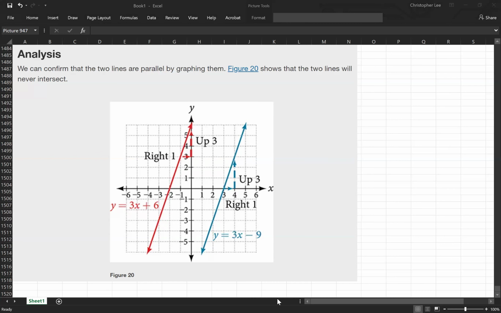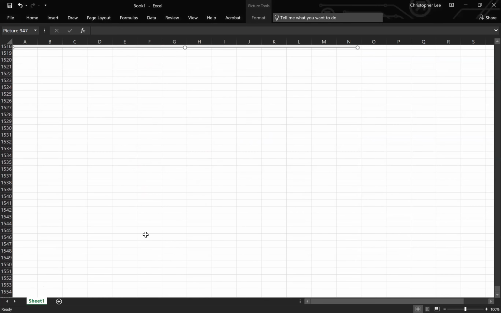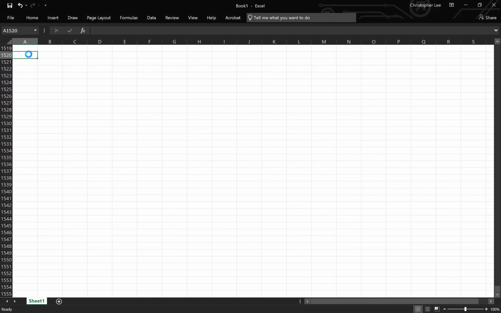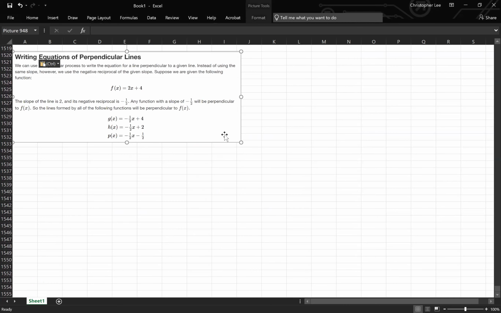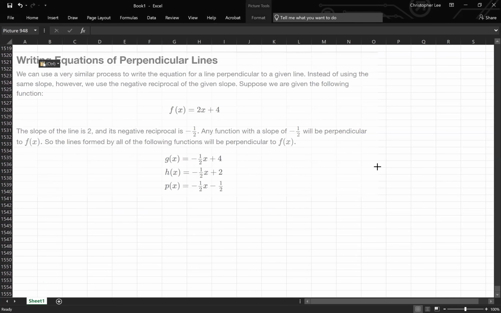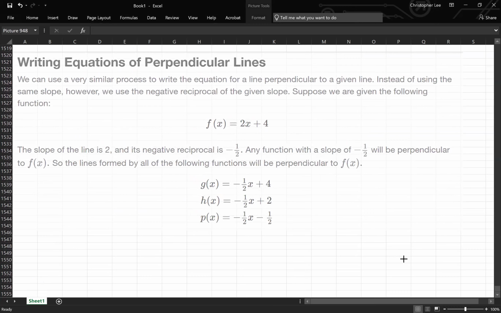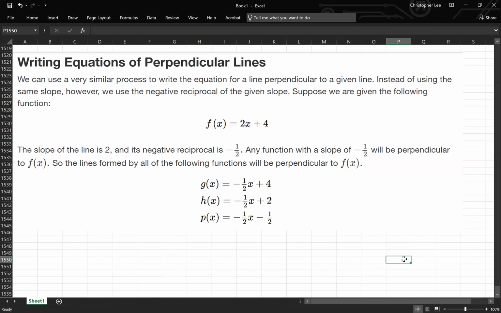Perpendicular, let's talk about it. Okay. So we want to write equations of perpendicular functions now. We can use a very similar process to write the equation of a line perpendicular to a given line. Instead of using the same slope, however, we use the negative reciprocal of the given slope.